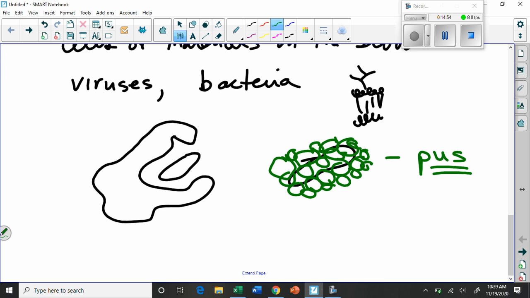It's basically dead blood cells who've given their lives to attack and destroy germs that are invading our bodies. A zit is a good example. The white goo in a zit is mostly dead white blood cells, and they're trying to get rid of whatever bacteria has caused the skin to become irritated in that region, right? That's basically what white blood cells do.